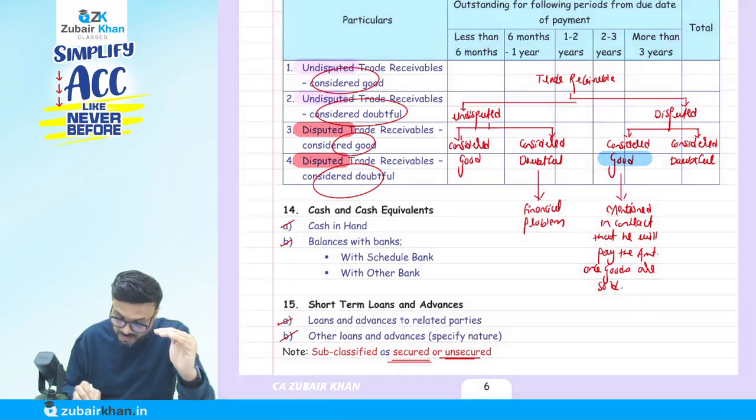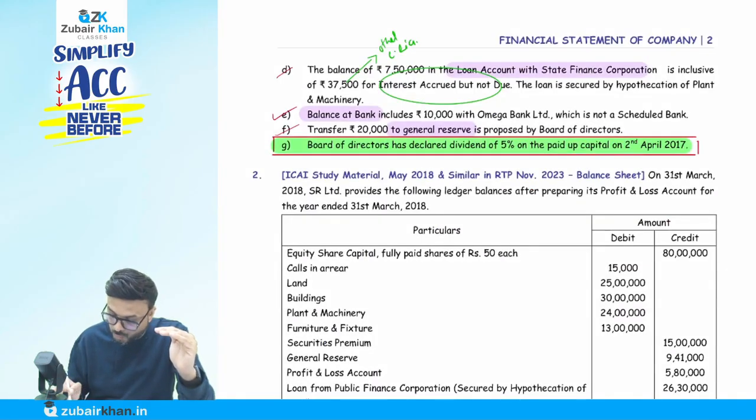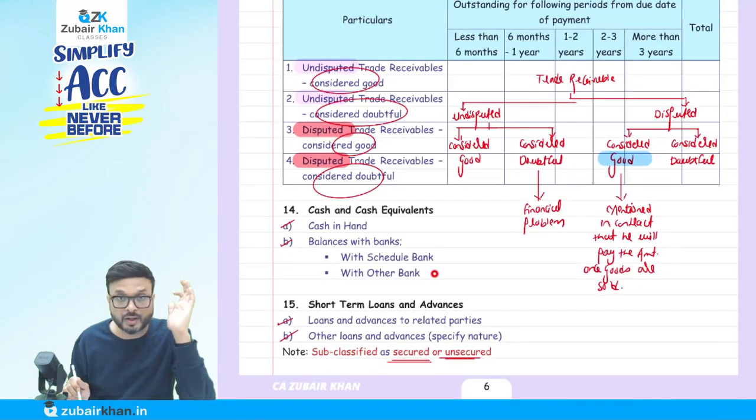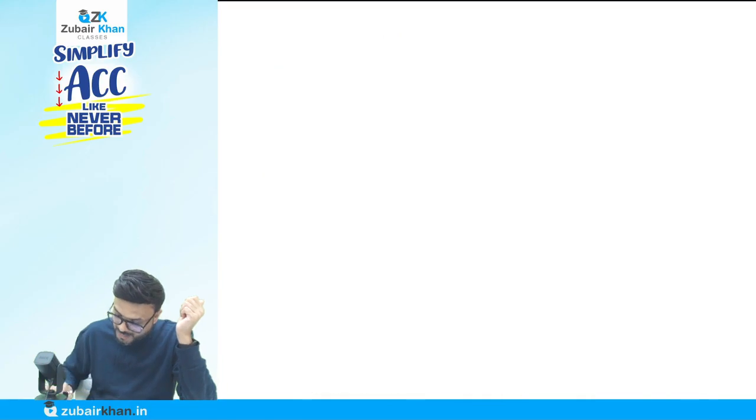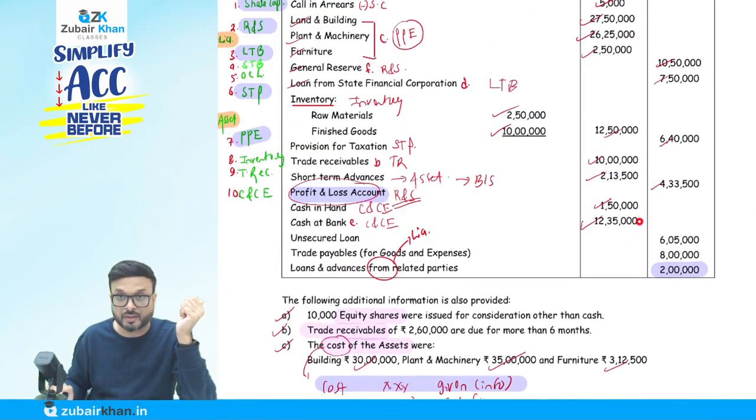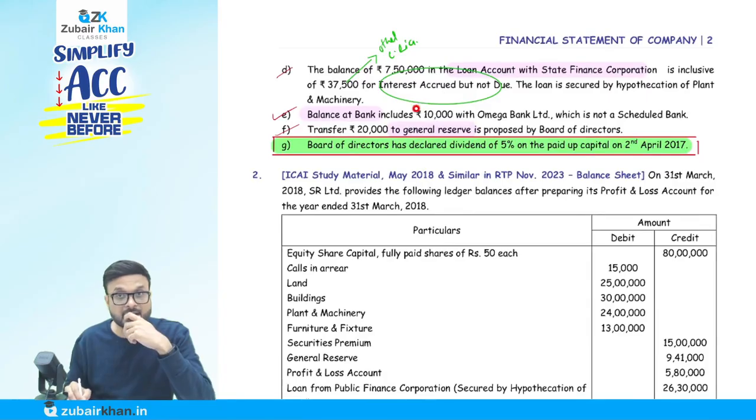So here they have mentioned the 10,000 that we have with Omega Bank, which is not a scheduled bank. That 10,000 will come here, and the remaining will come here. The total bank balance we have is 12,35,000. Out of that, 10,000 belongs to a bank which is not a scheduled bank.